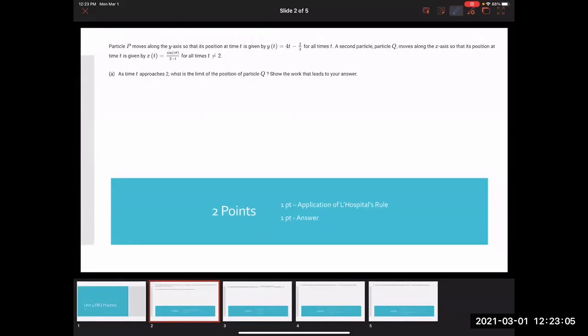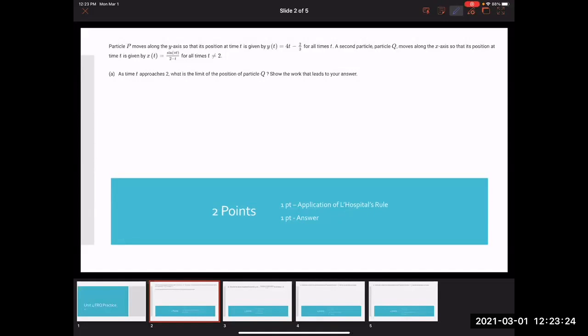Its position at time t is given by x of t equals sine pi t over 2 minus t, for all times t not equal to 2. Obviously t cannot equal 2, because if I plug 2 into the denominator of the quotient that represents x of t, I'd get 0. It would be undefined.